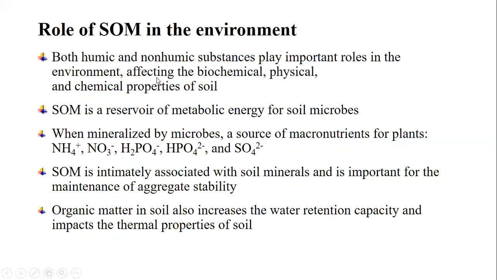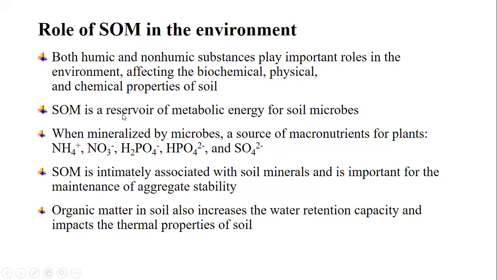Effect is the verb, effect is the noun when we say the effect of. So it has a great effect on the physical, chemical, and biochemical properties of soil. Soil organic matter is a reservoir of metabolic energy for soil microorganisms. So first, it's a reservoir, storage place for metabolic energy.